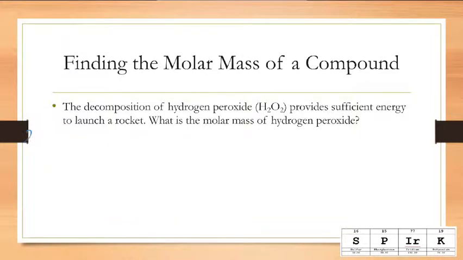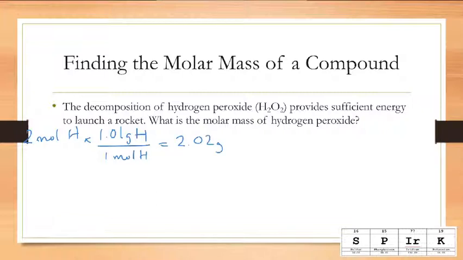So to start, we have 2 moles of hydrogen, and we need to convert that to grams. So we know that 1.01 grams of hydrogen is equal to 1 mole of hydrogen. So when we multiply that through, we get 2.02 grams of hydrogen. And when we do the same for oxygen, we have 2 moles of oxygen times 16.00 grams of oxygen per 1 mole of oxygen.